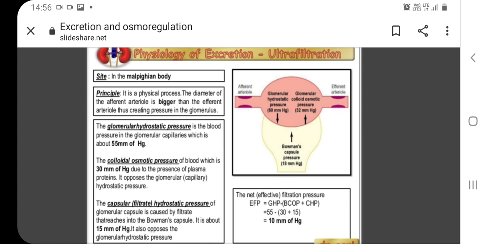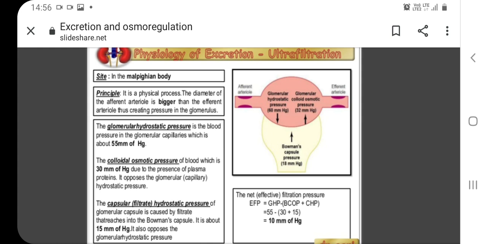It is about 15 mm of mercury. It also opposes the glomerular hydrostatic pressure.